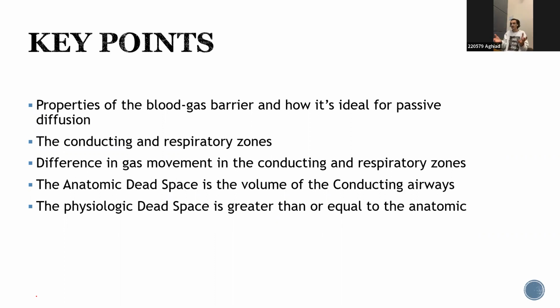The physiological dead space is greater than or equal to the anatomic dead space. The reason is that the anatomic dead space remains the same, but the physiological dead space may change due to lack of perfusion, occlusion, or damage. If the alveoli collapse, they can't diffuse air, so they're technically termed dead space. Is that clear? Is everybody good?